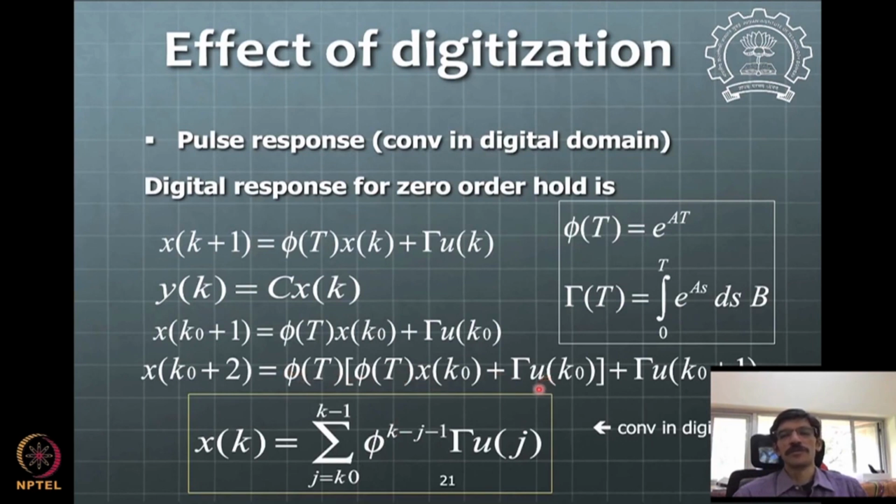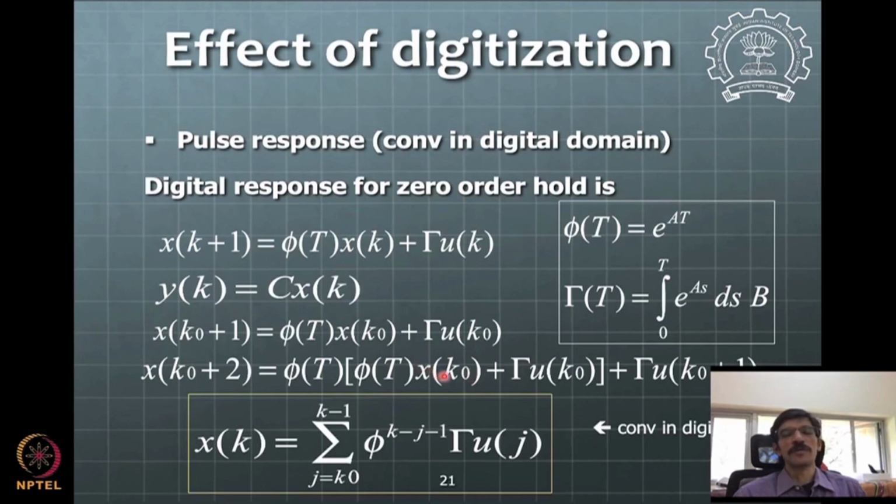Okay, so you can see phi square x of k0 and phi times psi u of k0 is coming. Okay, and if you have this k0 state, the initial state of the system, to be 0.